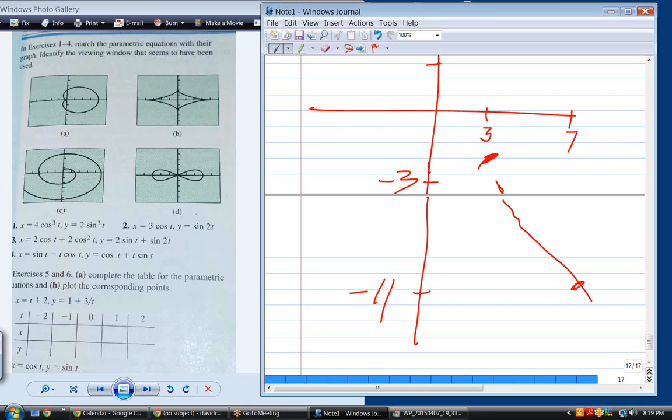So parametric equations, probably the biggest single thing that's different from rectangular is that t is frequently restricted. And the moment you restrict t, you restrict the total dimensions of its xy line.